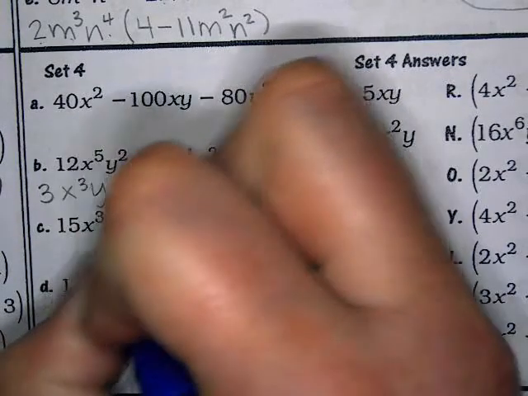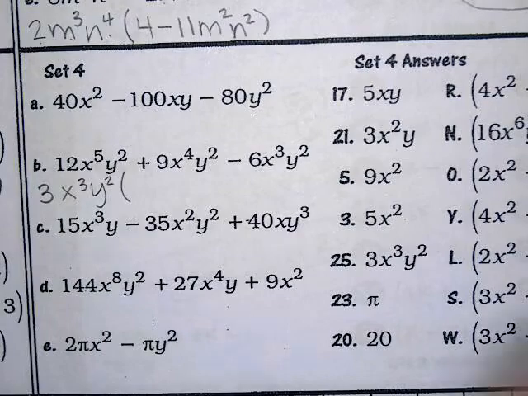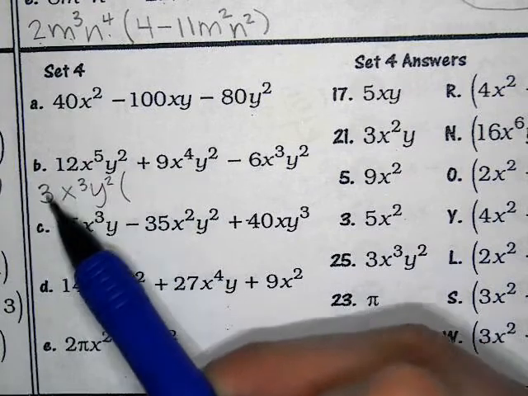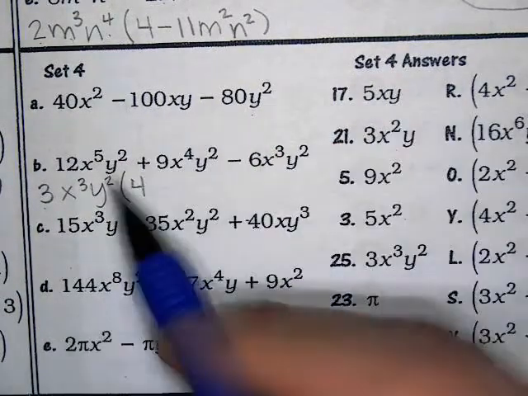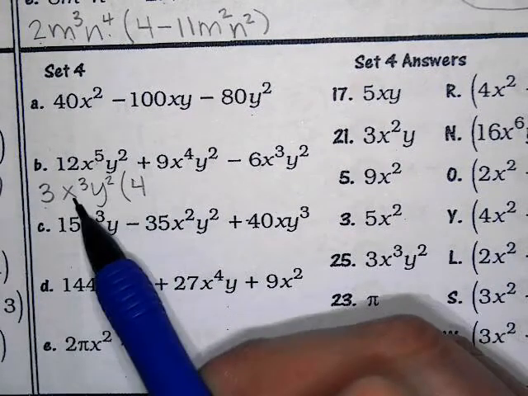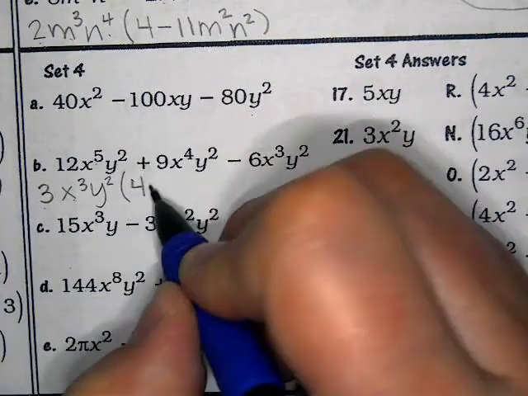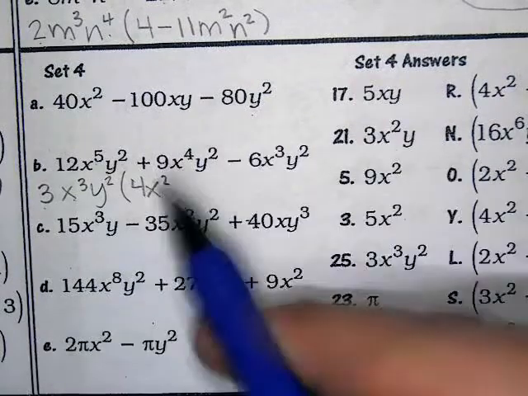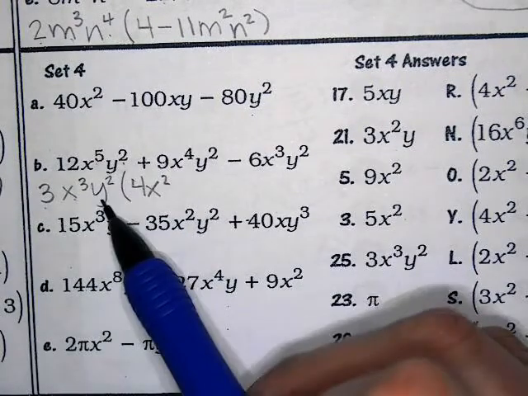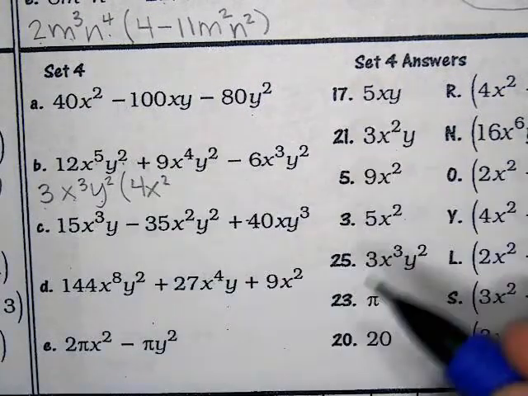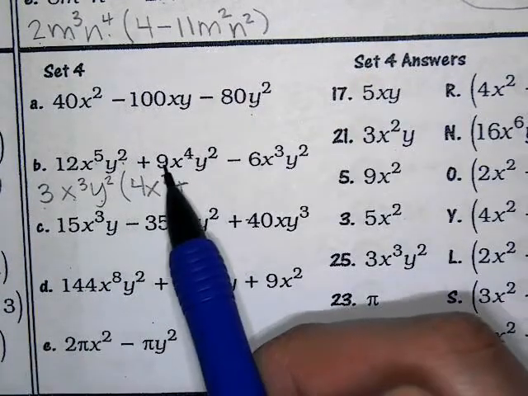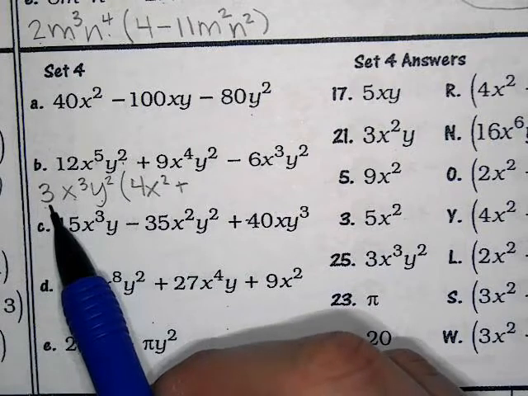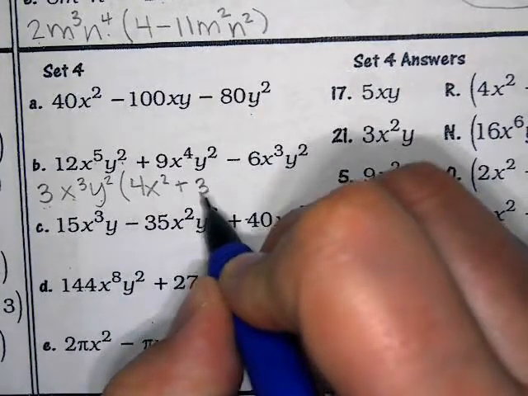So 12 divided by 3 is 4. We had 5. We took out 3. 2. We had a y squared. We took it out, so we don't have to write it. 9 divided by 3. 3. We had 4. We took 3 out.